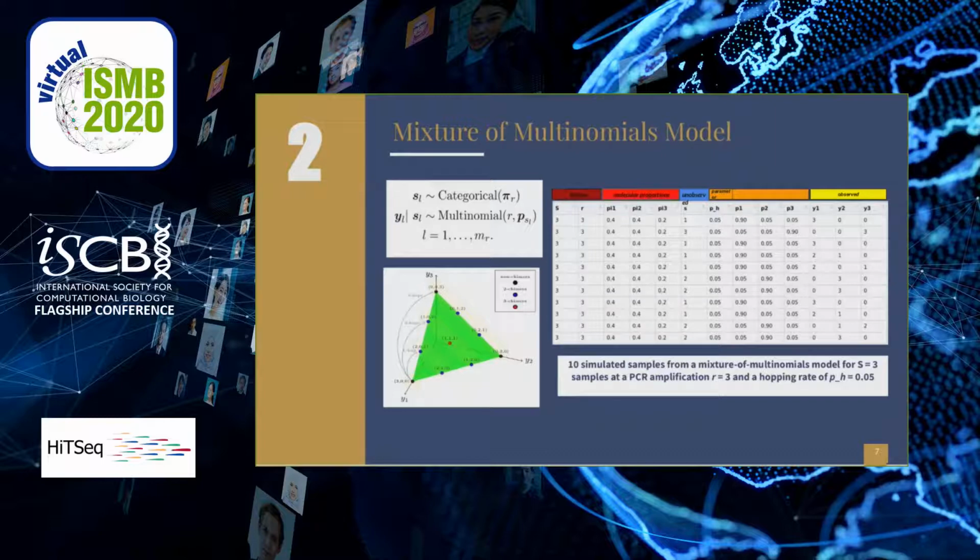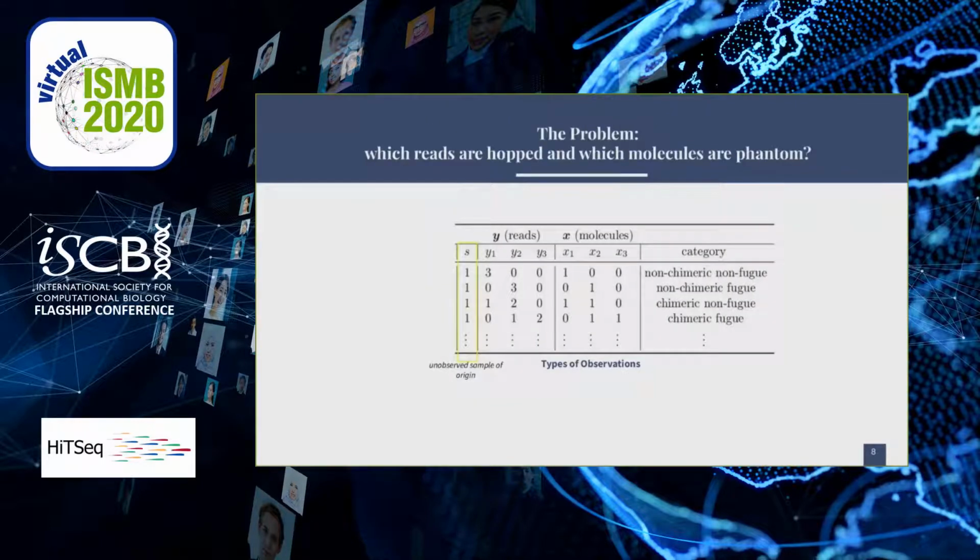We call these observations non-chimeras. The problem that the model needs to solve is to determine which reads are hopped and which molecules are phantom.